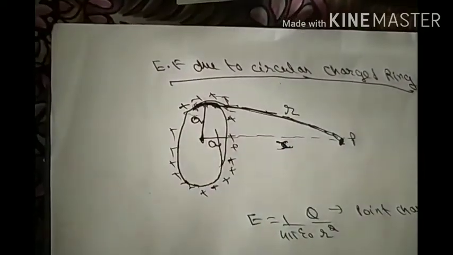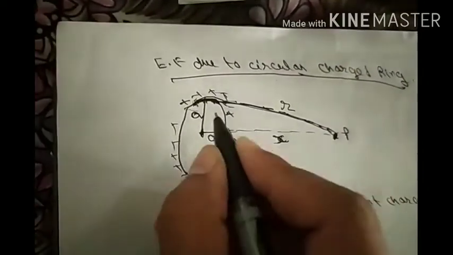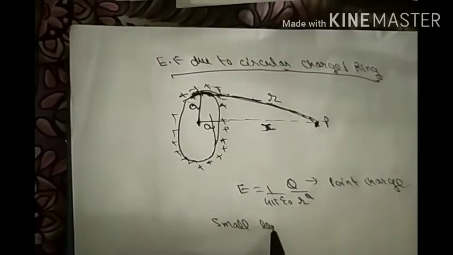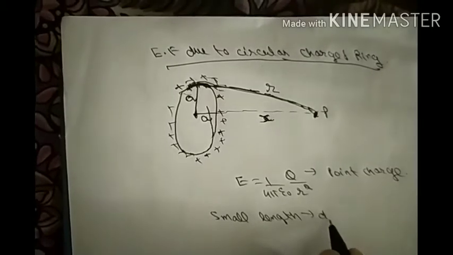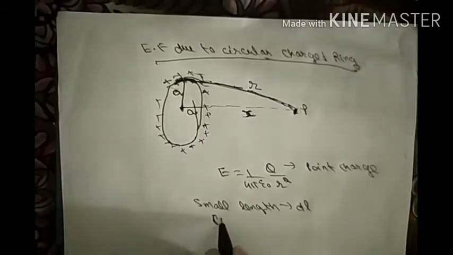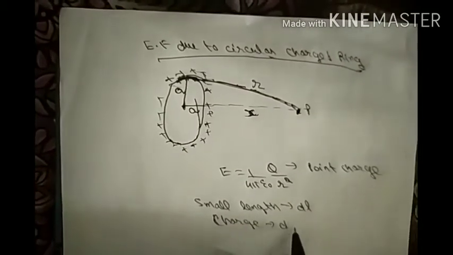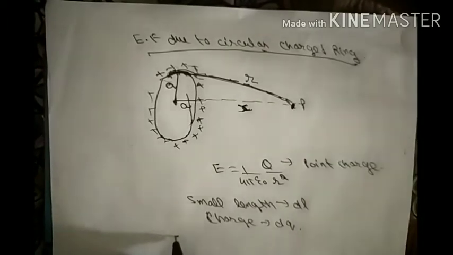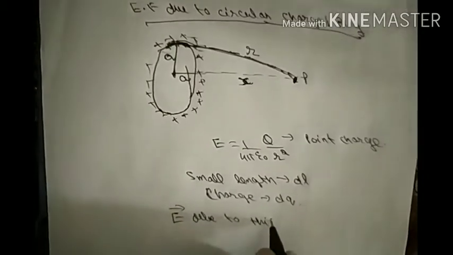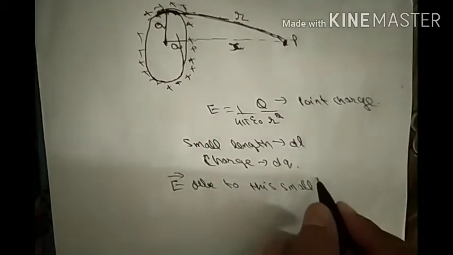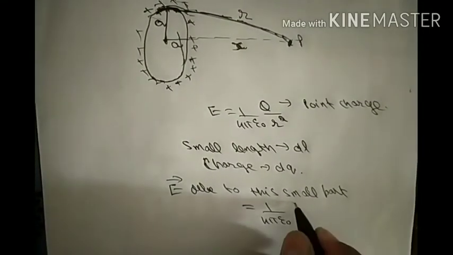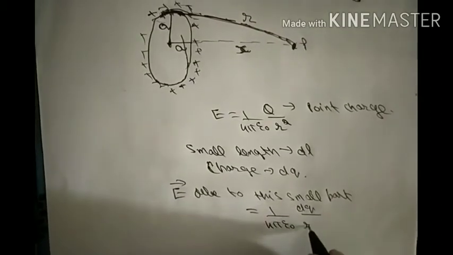So this small length is dl, and it has charge dq. So what is the formula for electric field due to this small part? It is equal to 1 by 4 pi epsilon naught dq over r square.